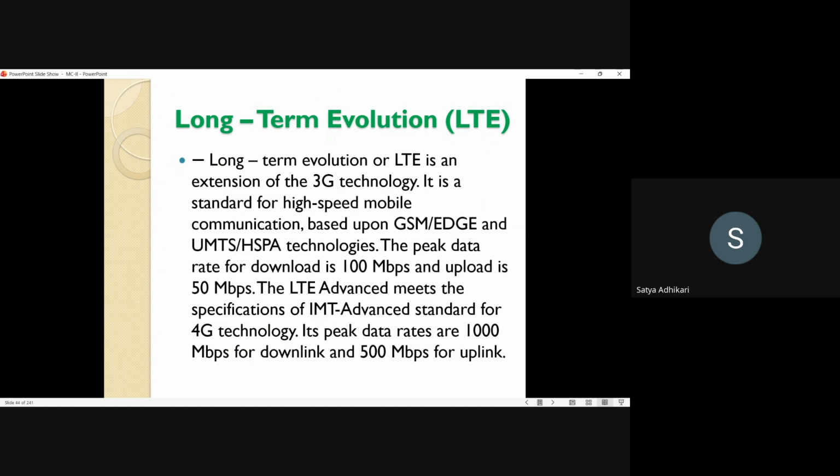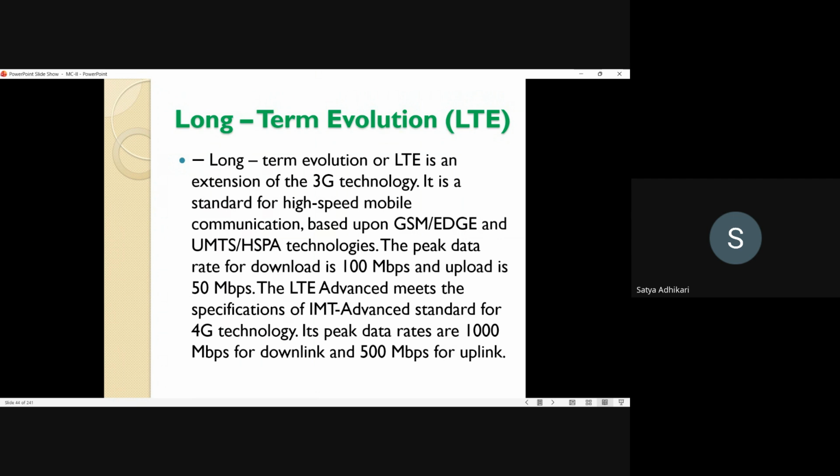LTE, long term evolution. You may have heard about 4G LTE. Let us discuss what LTE is. Long term evolution or LTE is an extension of 3G technology. It is a standard for high speed mobile communication based upon GSM, EDGE, and UMTS or HSPA technology.